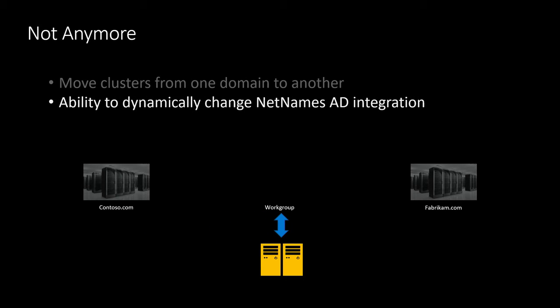It gives the ability to move the clusters from one domain to another while the cluster is still running. Okay? So I've got a cluster that's in Contoso, I need to move it to Fabrikam. With a PowerShell command, I can change it to a workgroup cluster, which is also going to remove all of the objects from AD.